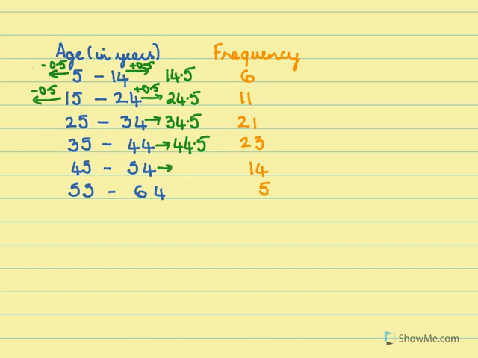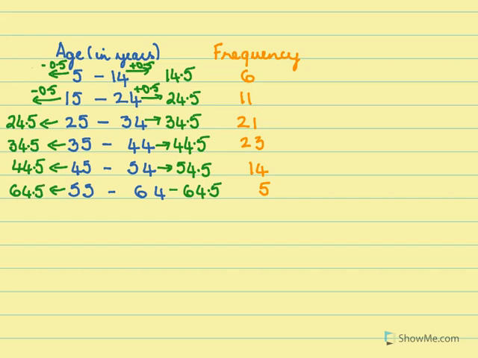Now add 0.5, so that becomes 54.5, and here 64.5. On the other side we are going to subtract, so 25 minus 0.5, 24.5, minus 0.5, 34.5, 45 minus 0.5, 44.5, and here again when you subtract you get 64.5. So now we got new classes, and here of course is 4.5.